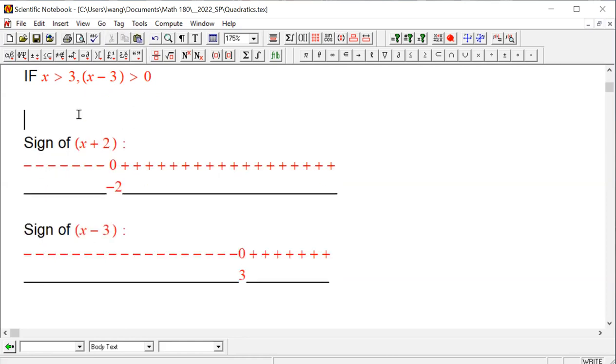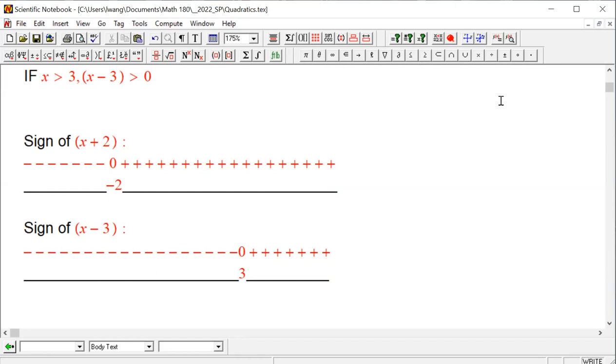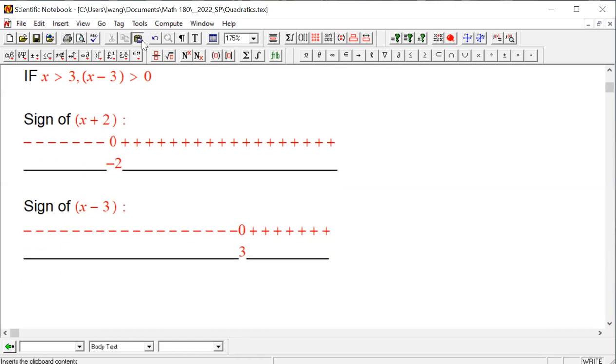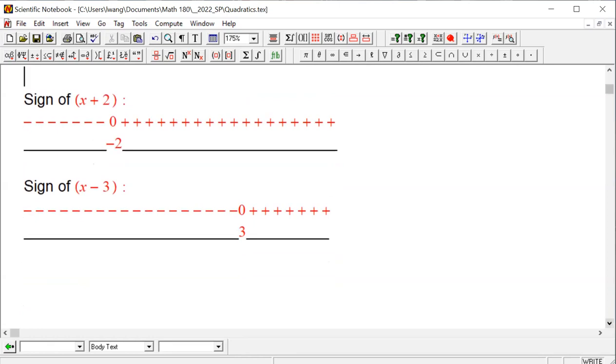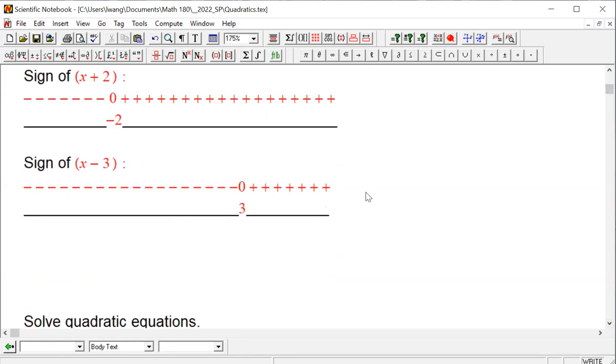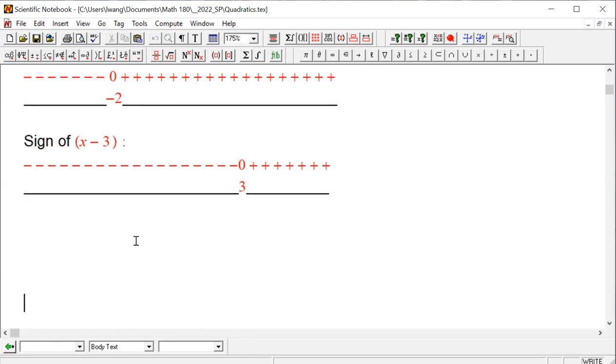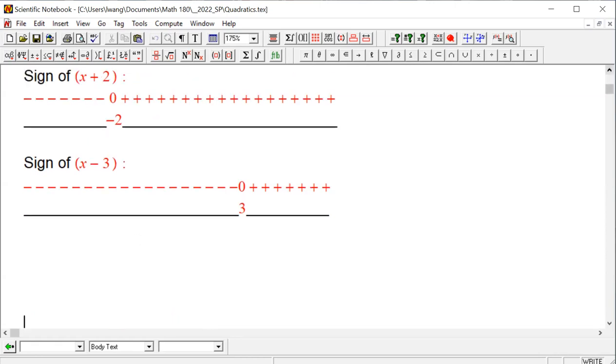It doesn't matter actually whichever order. We look at these two observations, which reflect the sign distribution. So what do we see here?